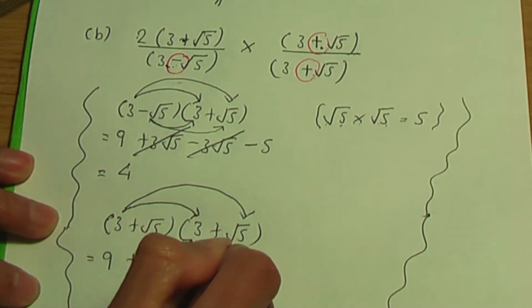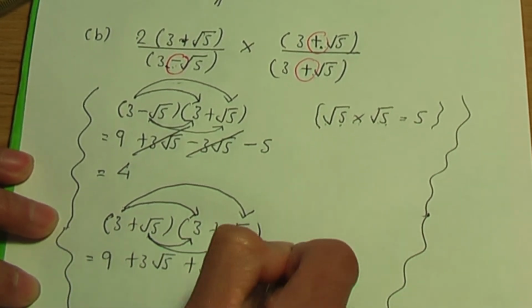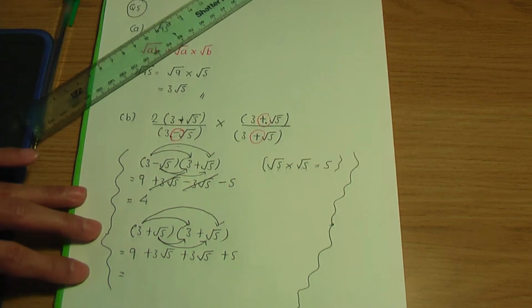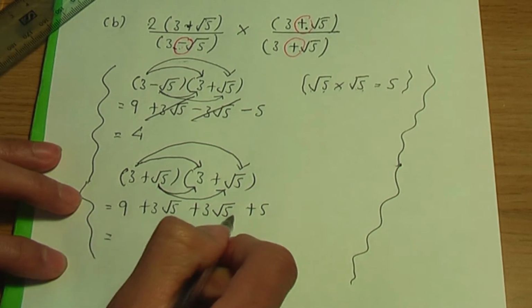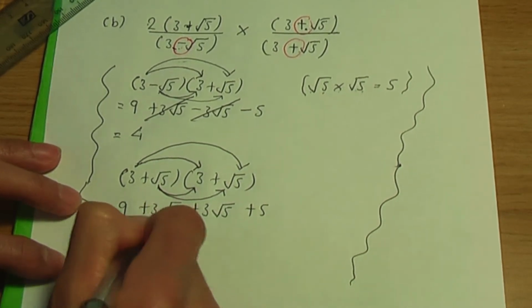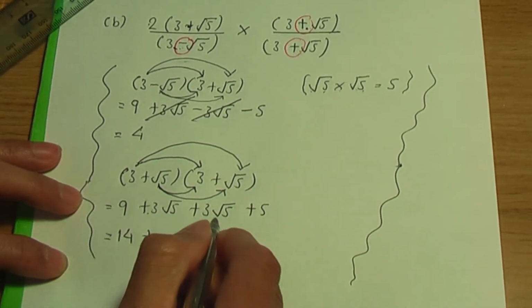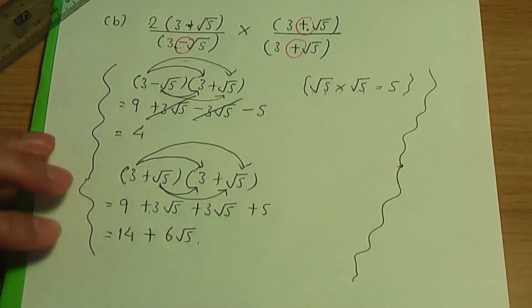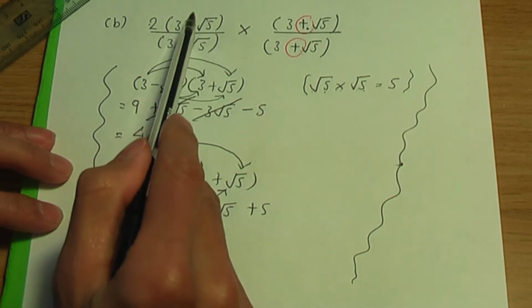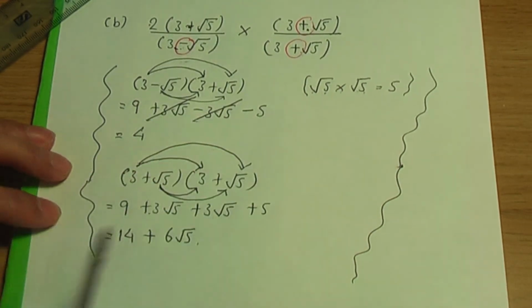And remember, root 5 times root 5 is 5. So if I continue with the calculations, 9 plus the 5, that is 14. 3 root 5 plus 3 root 5 is 6 root 5. So that is the answer for when you multiply these two brackets.